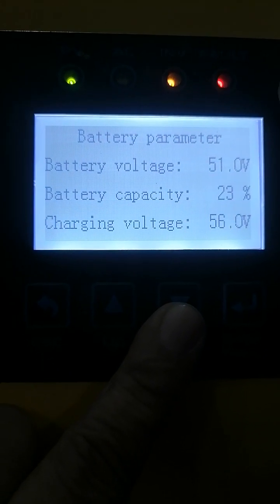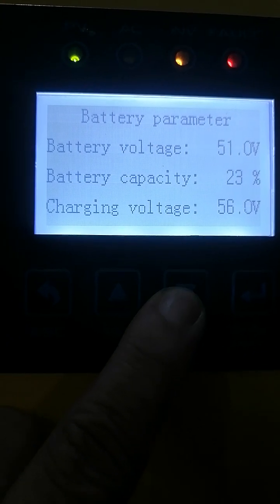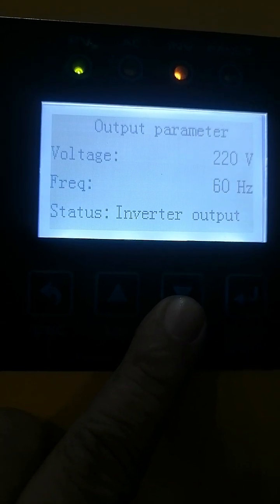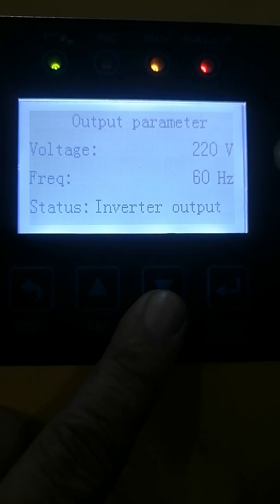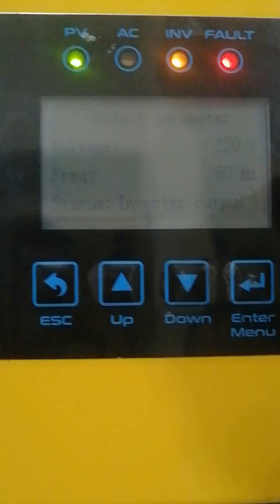Battery parameters 51, capacity 23%, charging voltage 56. Output 220, frequency is 60 hertz.